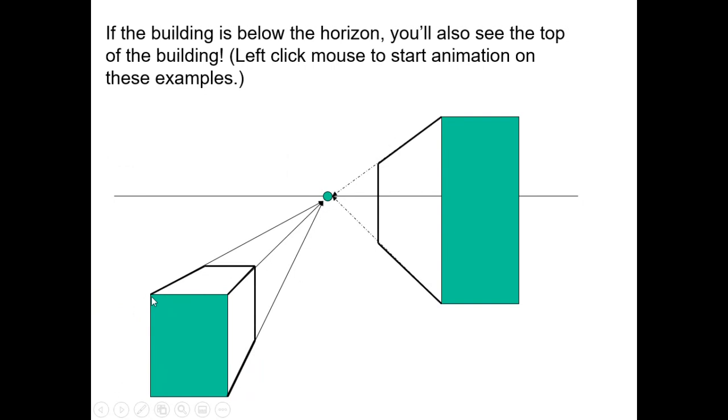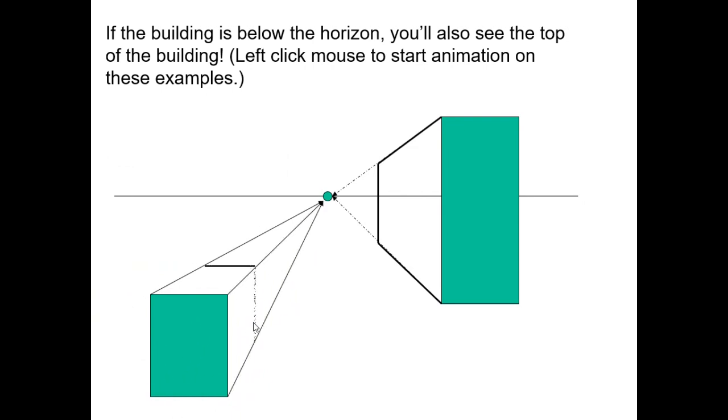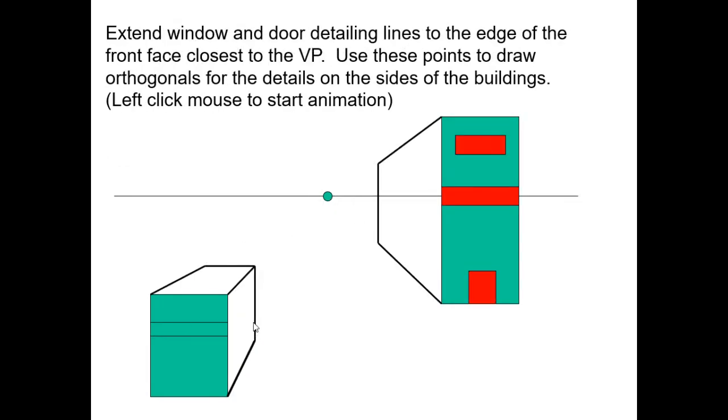So I drew in the top left, the top right, and the bottom right corners, and then drew where those edges of the roof and the wall stop. I'm going to add the animation so you can see it again. 1, 2, 3 orthogonals. Show where the walls and roof end, and boom, I've got a believable three-dimensional space.